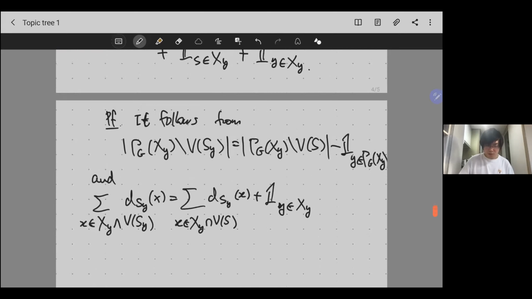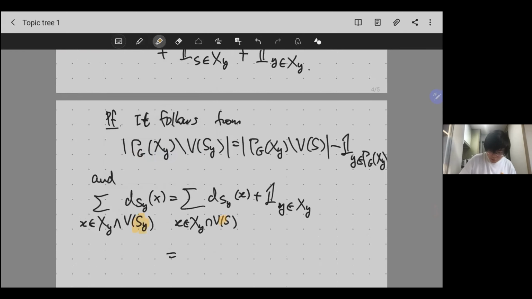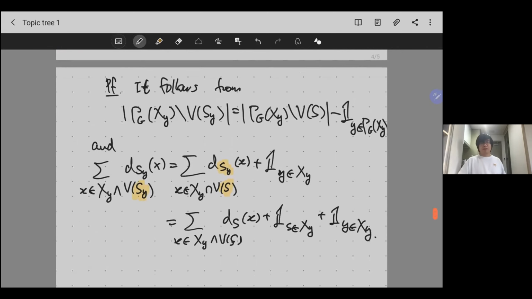If you see how this changes, I first change this to this, and now I'm going to change this to S. This can be easily verified just by definition.